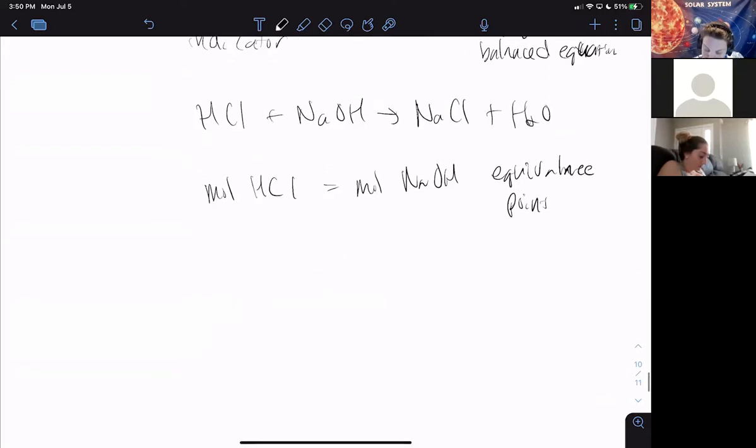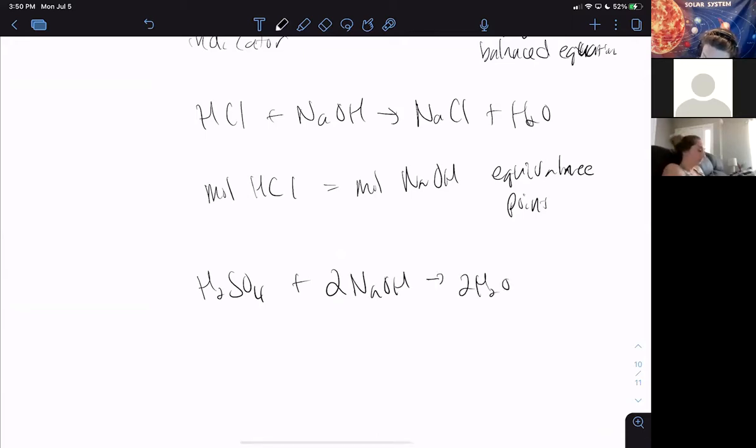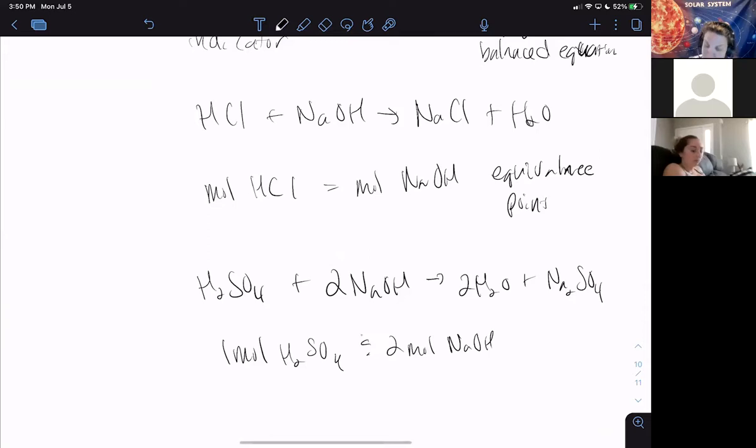But if we have something like H2SO4 plus 2 NaOH going to 2 H2O plus Na2SO4, we have 1 mole of H2SO4 and 2 moles of NaOH. They are stoichiometrically equivalent.